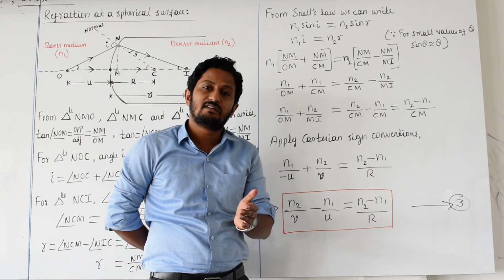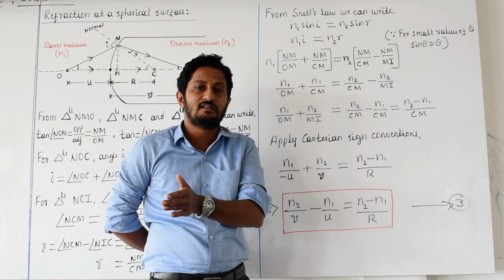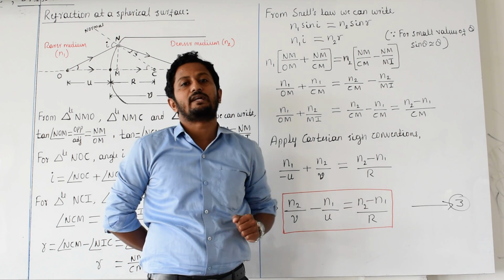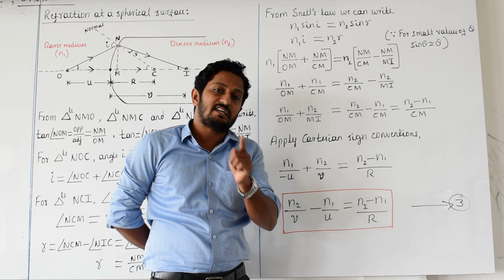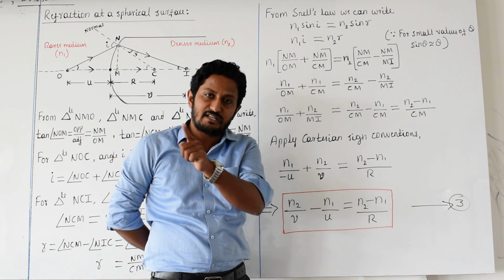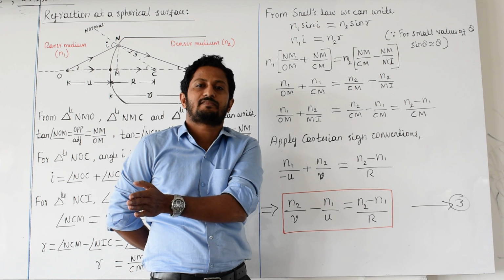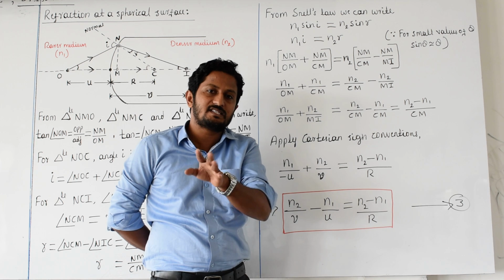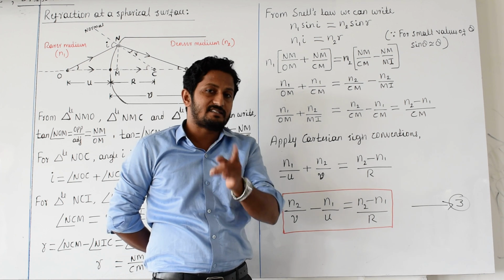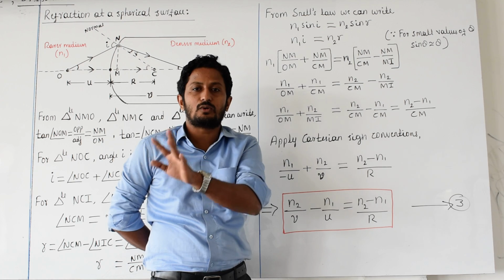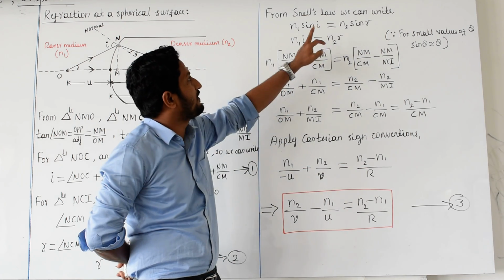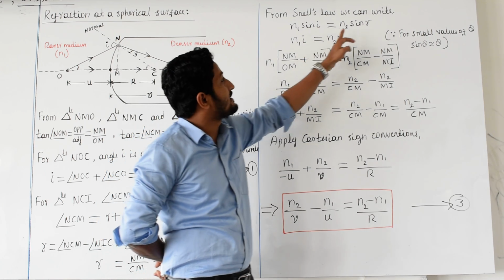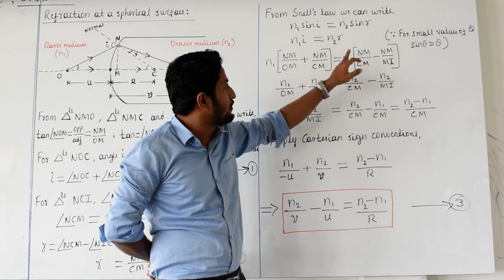I mean, for any small angle, sine of theta is nearly equal to theta. Getting what I mean? That's why sine of i is equal to i and sine of r is equal to r.